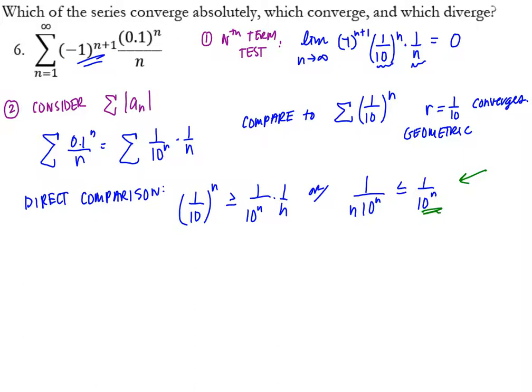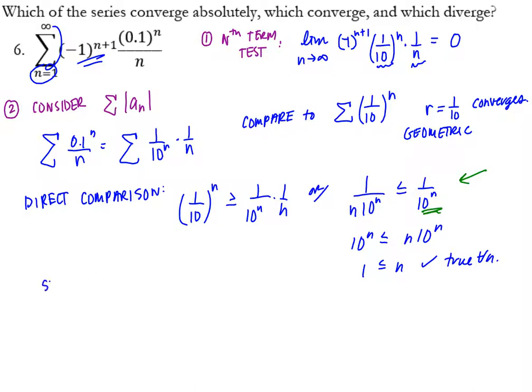So let's see if this is true for all n. That makes 10 to the n less than or equal to n times 10 to the n. And we divide both sides by 10 to the n, you have 1 less than or equal to n. And that's true for all n, right? N goes from 1 to infinity.